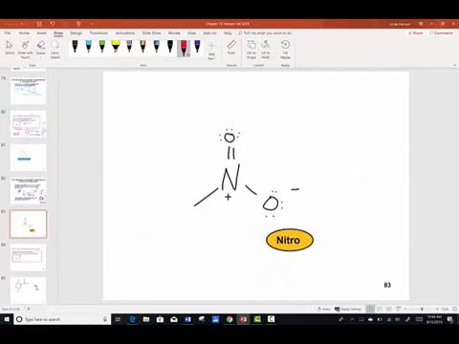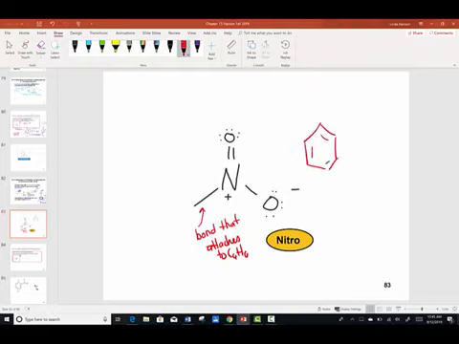So I drew a picture cleaner for us. When I create a bond, this is where it attaches to the benzene ring. Whoops, I spelled that wrong. So that's the site of attachment in the product. When the benzene ring finally attaches to this nitro, you end up forming a double bond to the oxygen, a single bond to that next oxygen, and it is actually a -1 formal charge.